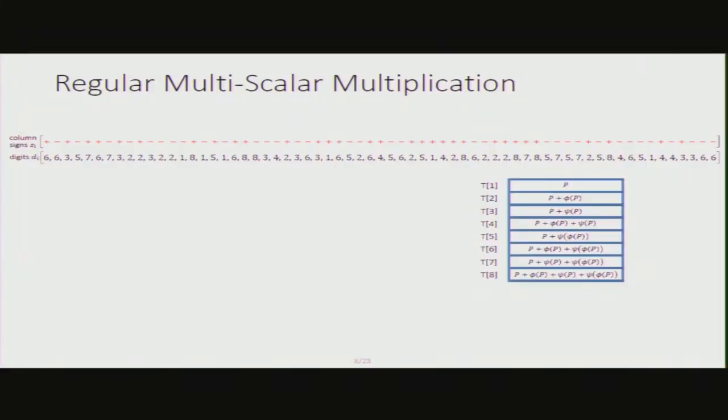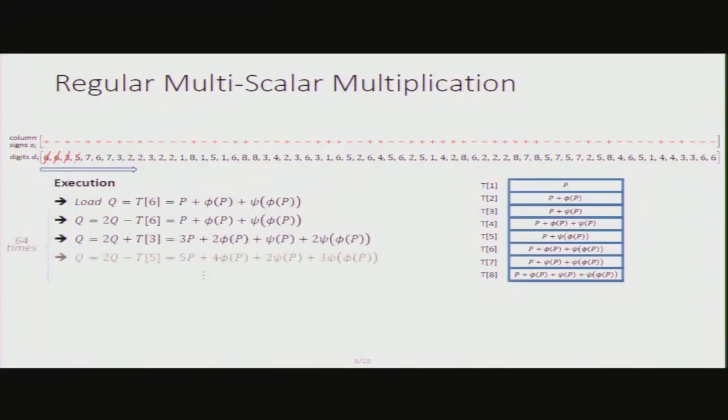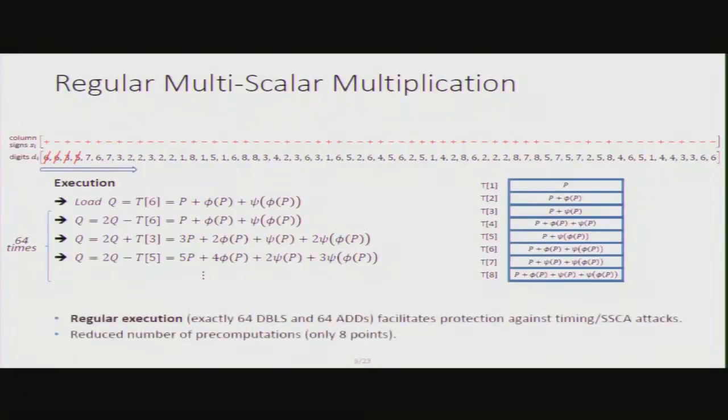So if you do the computation from left to right, first of all, you take the entry 6 and load it, and then you proceed to perform exactly 64 doublings, and additions or subtractions, depending on the sign, of course, each time doubling and performing an addition or subtraction with one value from the table. And the entry is indicated by the digit, of course. This is done exactly 64 times.